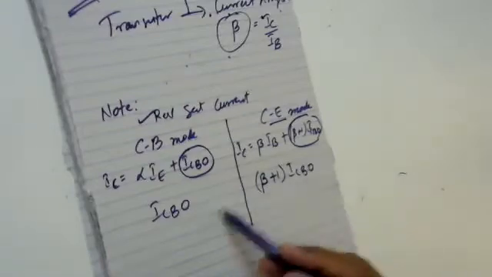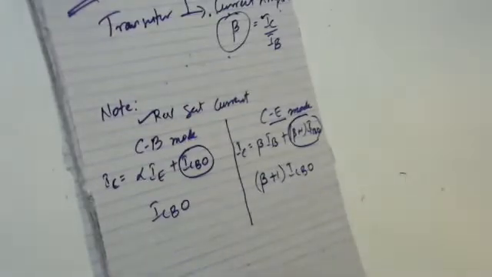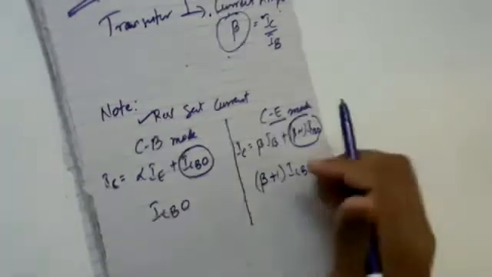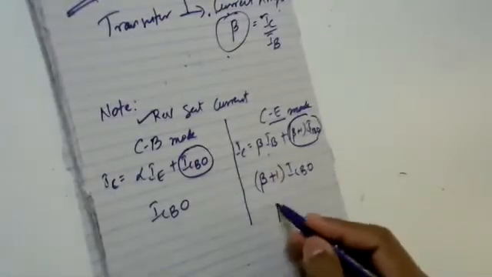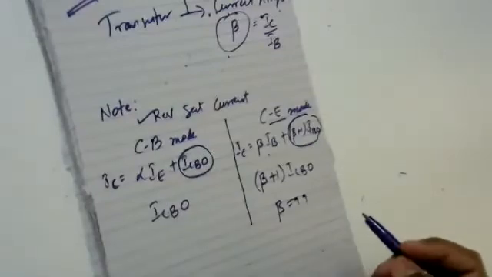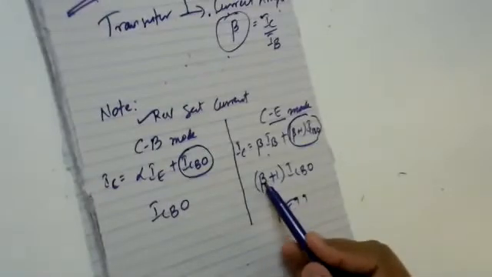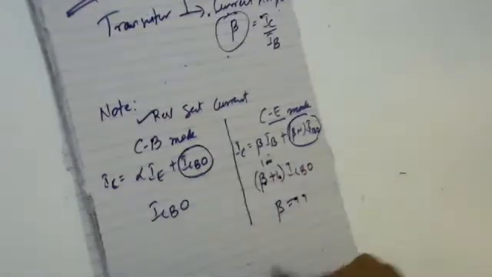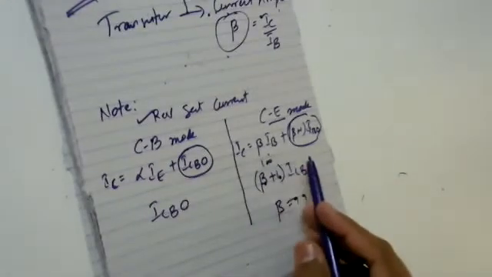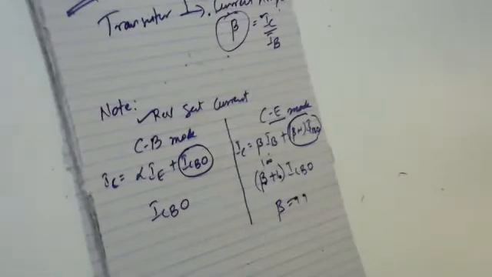Now, these two equations are self-explanatory. Let me say that if my beta value is equal to 99, then 99 plus 1 is 100. So it is 100 times your ICBO.